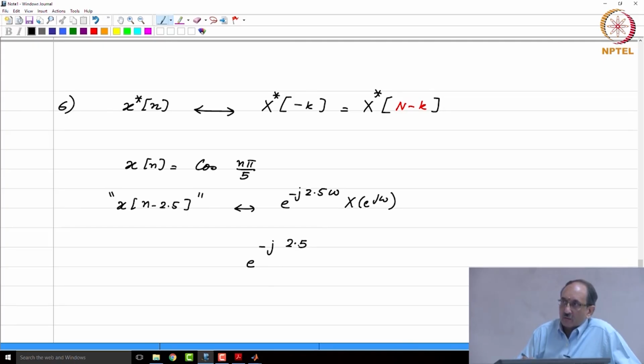You replace omega by omega k. Omega k is k times 2 pi by cap N. Therefore, this becomes 2 pi by cap N times k. So, this was exactly the code that was implemented in MATLAB, and then you replace this with X of k.